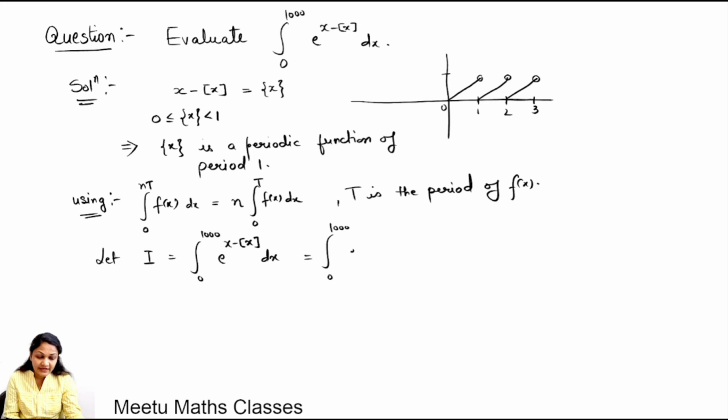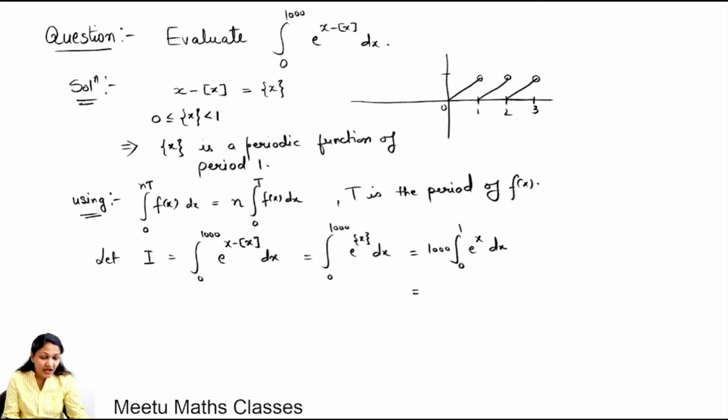This is e raised to the power fractional part of x. And fractional part of x has period 1. So what you can do is, 1000 times you can integrate between 0 to 1 e raised to the power x dx. Between 0 to 1 the value is equivalent to x only.